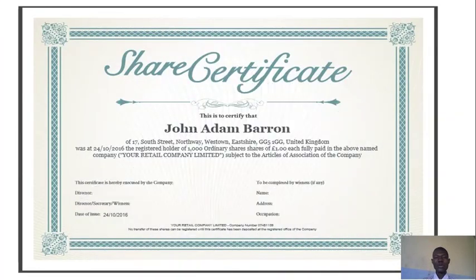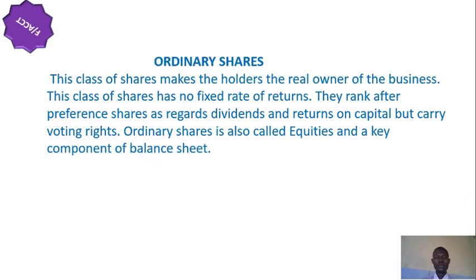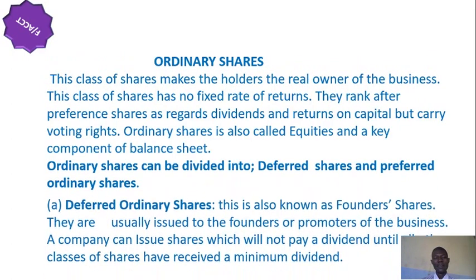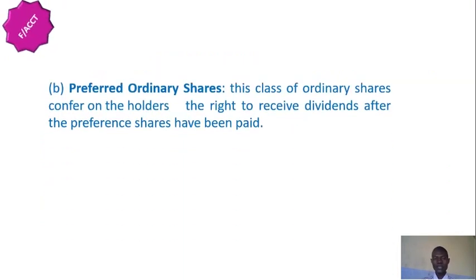Then the next thing we also considered was the classes of shares, and we mentioned two classes of shares. The first one, ordinary shares. Then I also told us that ordinary shares can be divided into two, the deferred shares and the preferred ordinary shares.